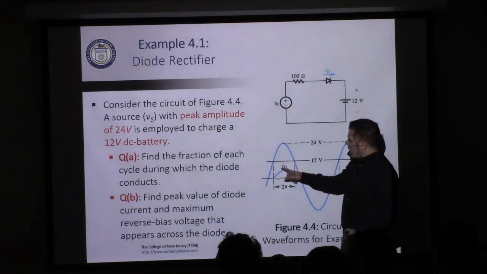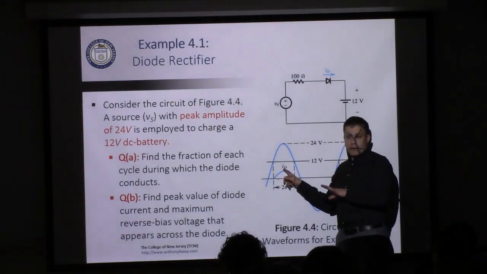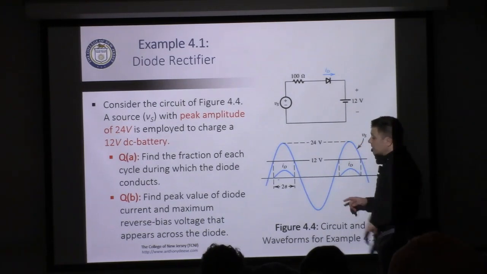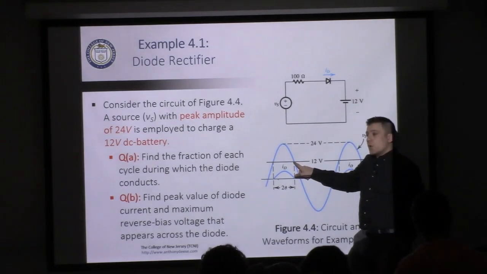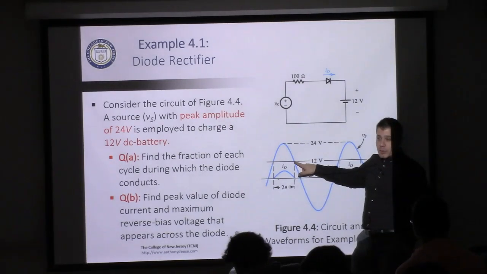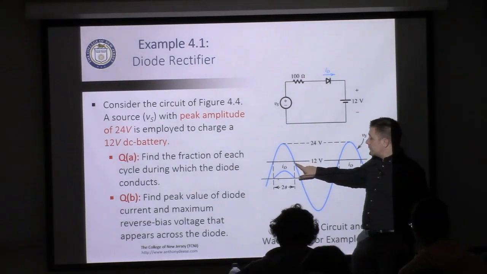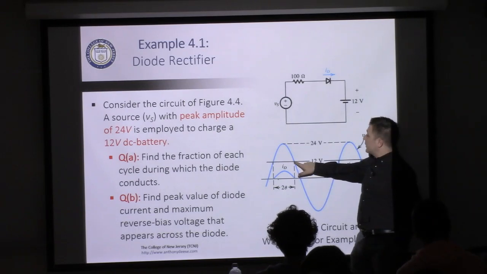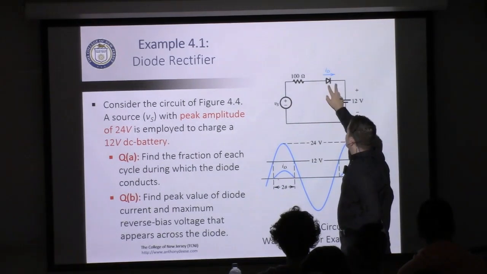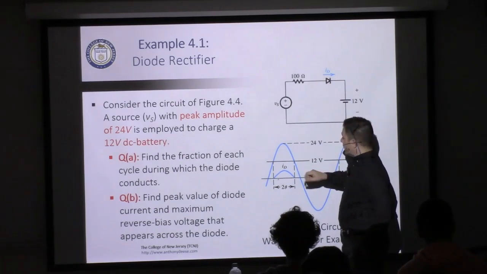Obviously it's not blocking at all during the conduction interval, so we're just looking at the blocking interval. So let's start right here. What is the reverse bias voltage across the diode right here? It's 0, because we have 12 and 12. So that'll be 12, 12, 0.